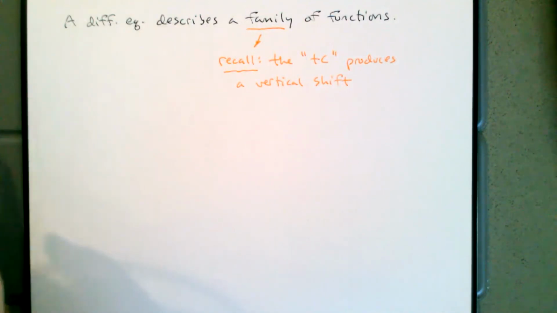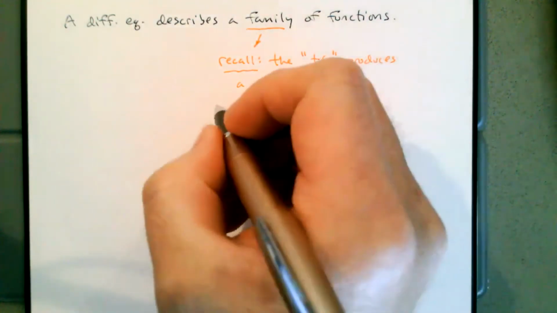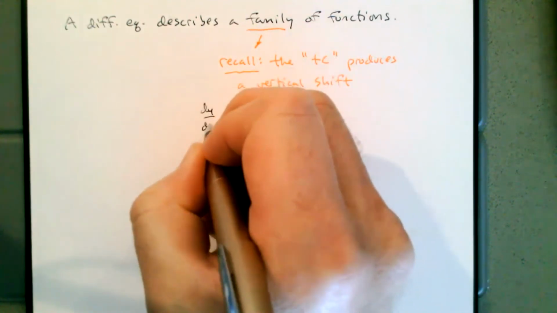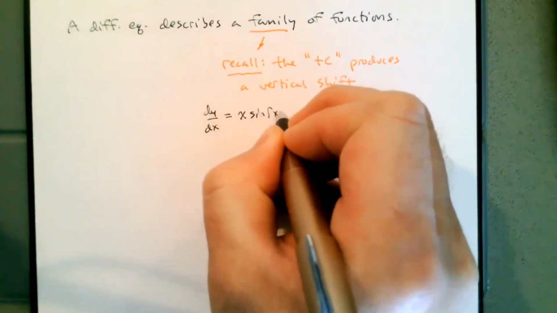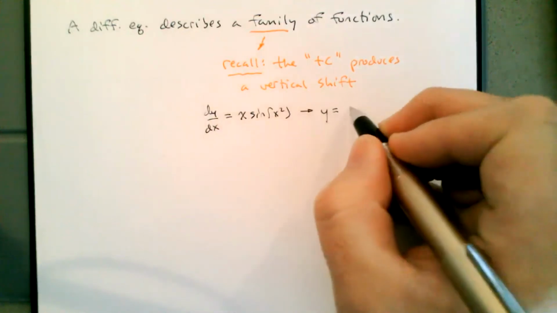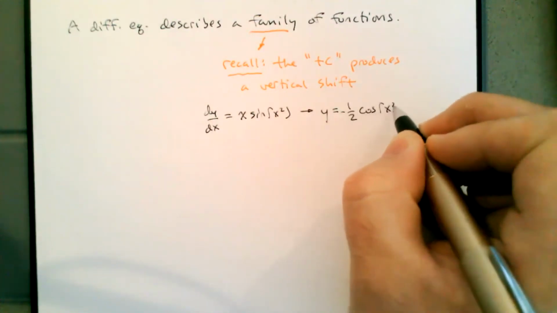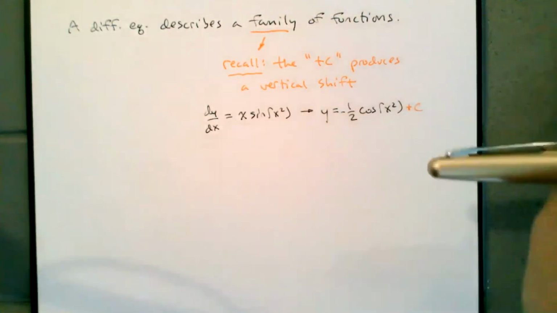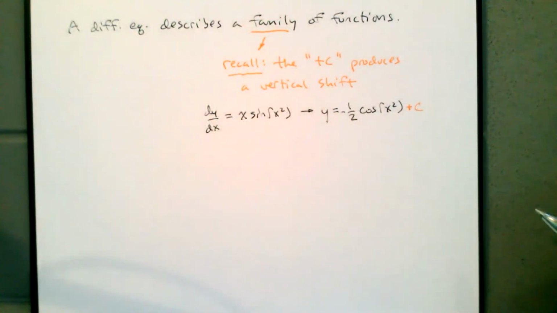So the plus c produces a vertical shift. For example, when dy dx was equal to x sine of x squared, that told us that y should look like negative 1/2 cosine of x squared plus c. All the solutions had this shape, but we had a plus c attached to it.